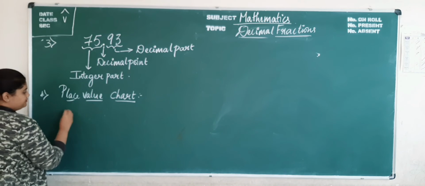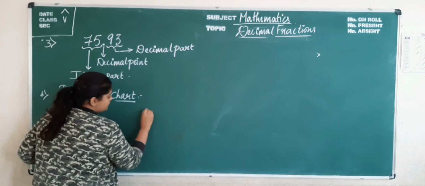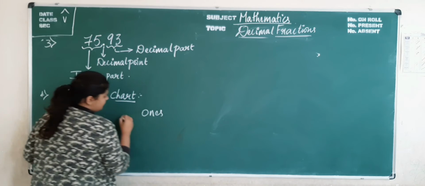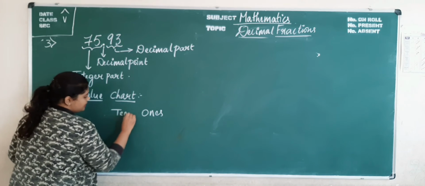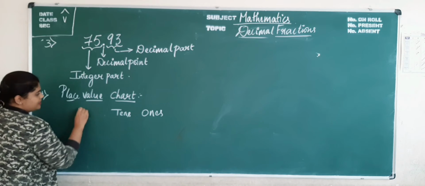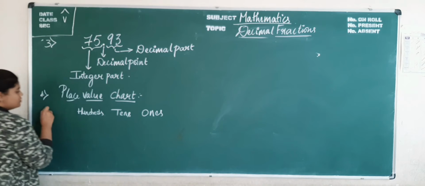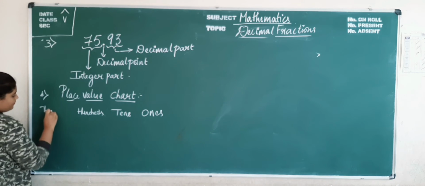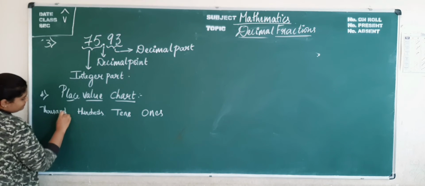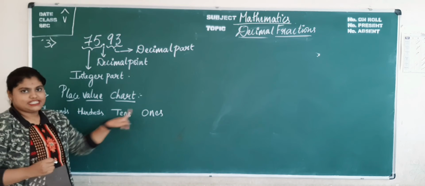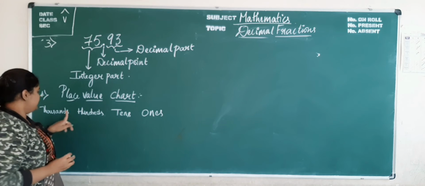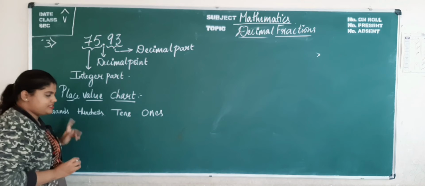So first I'll write from ones, tens, hundreds, then thousands, etc.